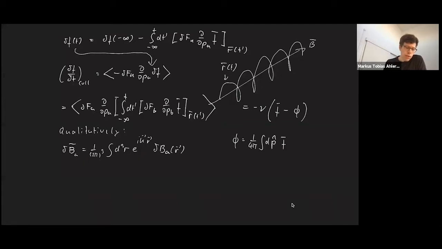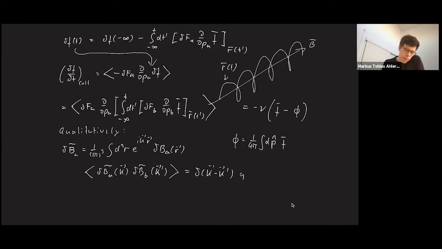For this expression, the isotropic turbulence is going to have an ensemble average that looks as follows. The ensemble average of delta B_A depending on the vector k, and delta B_B depending on the vector k prime, has only a contribution if k and k prime are identical.